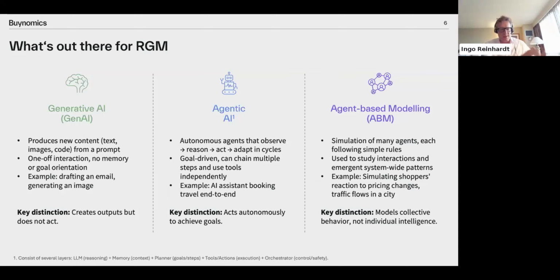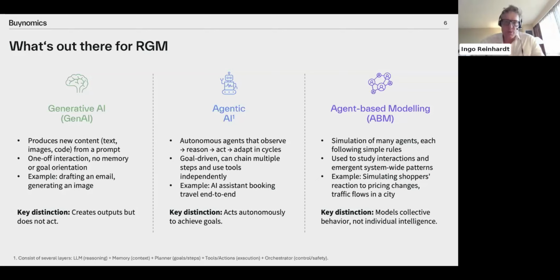So this is, I would say, the key difference. GenAI just produces outputs, has no agency, and an AI agent tries to achieve specific goals, and to do that, it can use other tools. We'll come to what that means in the case of RGM.